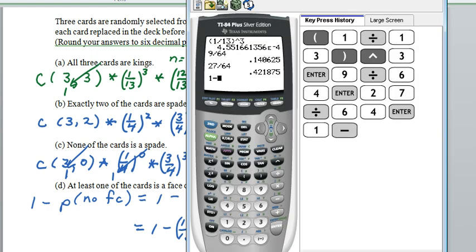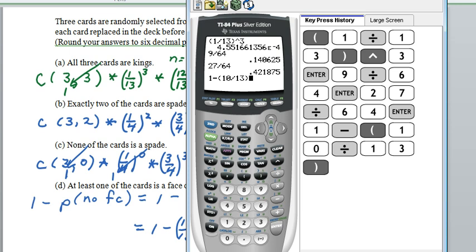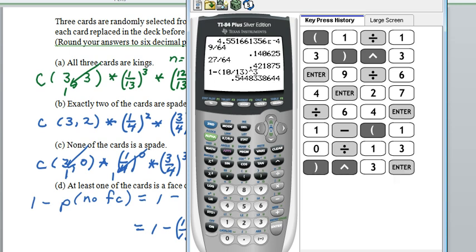1 minus parentheses 10 divided by 13, close the parentheses, caret 3, which is 0.544834.